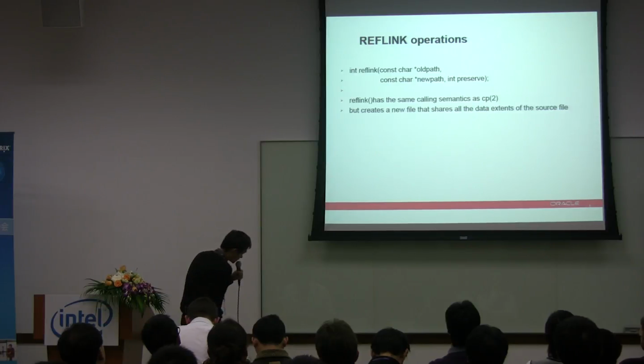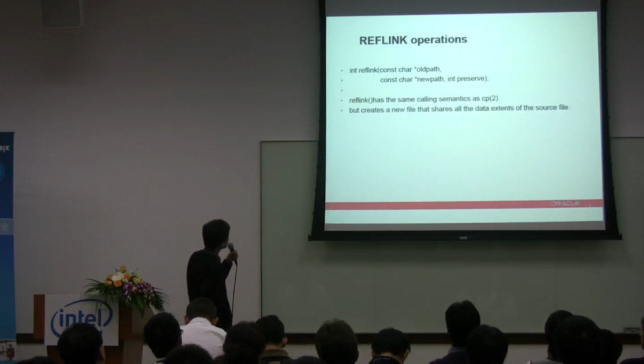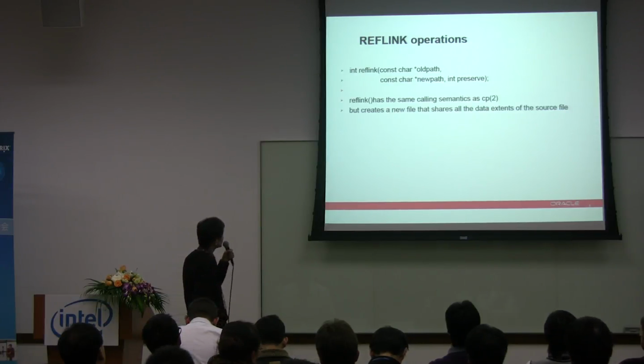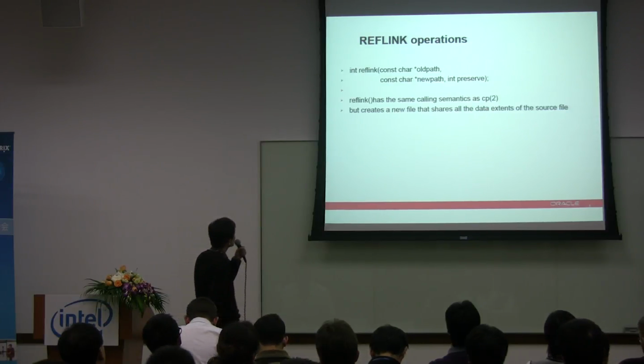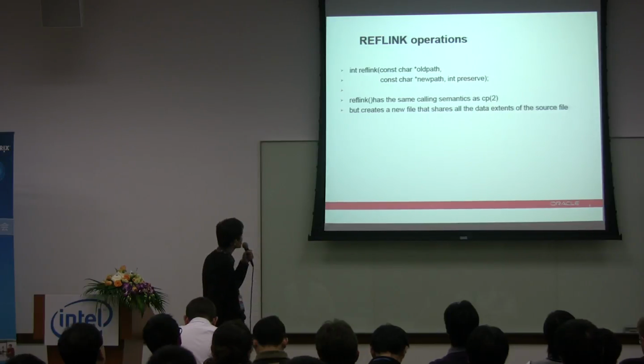It accepts three parameters. The first is the old path, the second is the new path, and the third is the preserve flag. So Reflink has the same calling semantics as cp, but creates a new file that shares all the data extents of the source file.